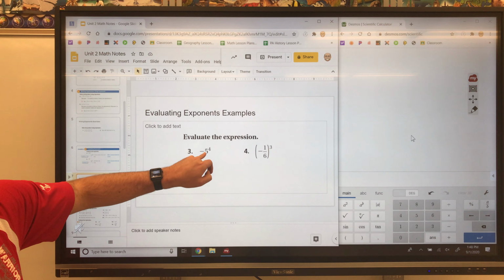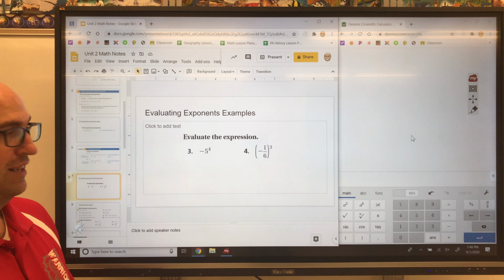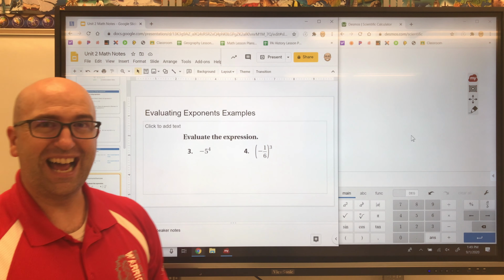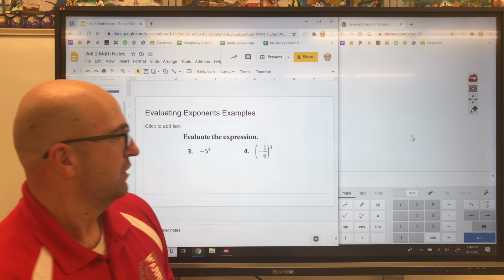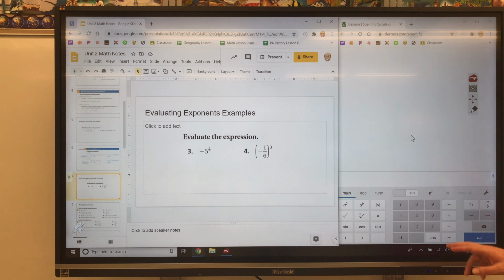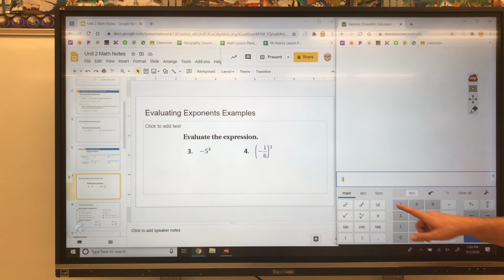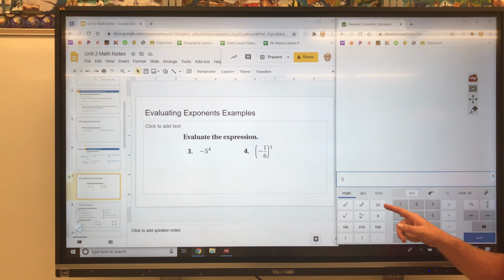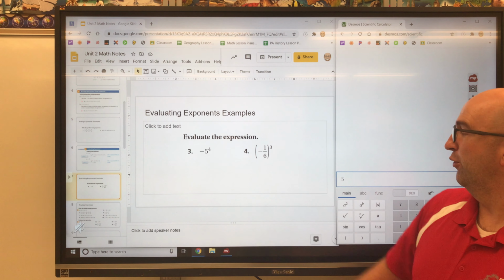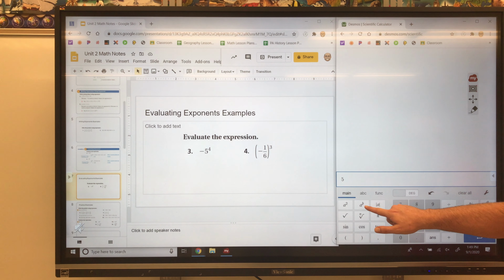So I have negative 5 to the 4th. Now the negative is not inside of a parenthesis, so my base is going to be 5. I'm going to use Desmos, and I'm going to put my base in as 5. Now to put my exponent in, this button right here says a to the b.